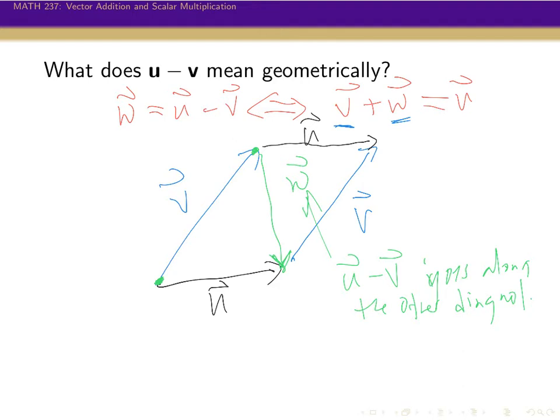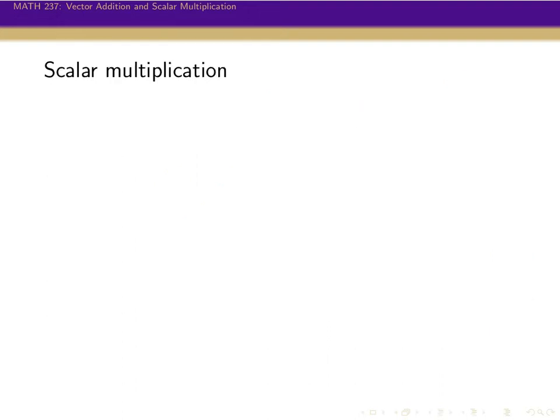And when you draw this other diagonal and you want to know which way the arrow should point, the arrow should point to the end of the positive part in the subtraction. Okay, so now we can do addition and we can do subtraction.